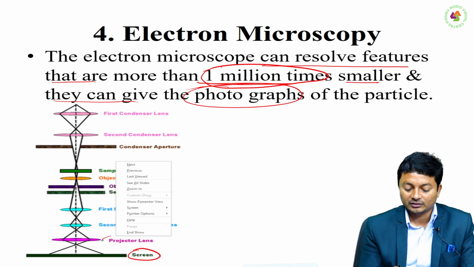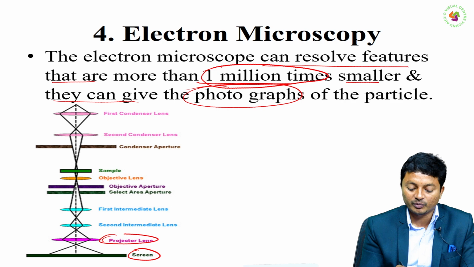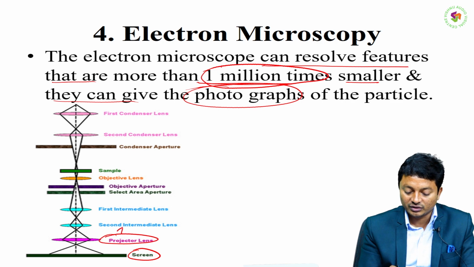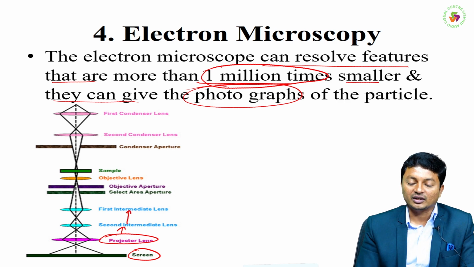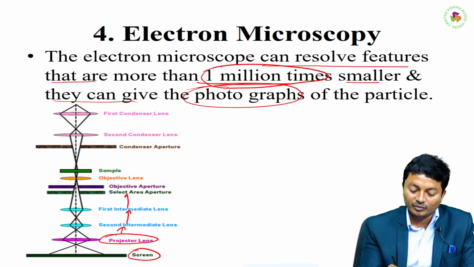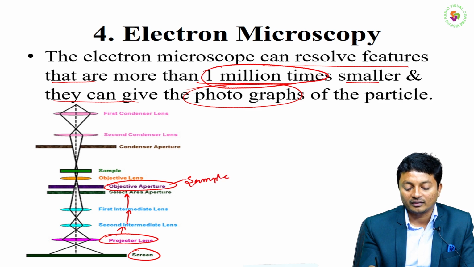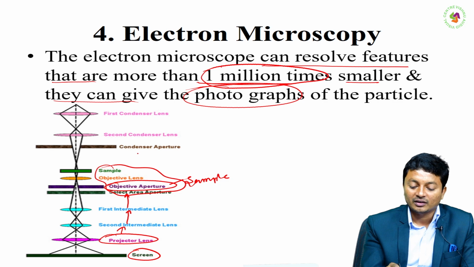From here the electrons will pass, and these will act as a light source. This will pass to the second intermediate lens, then the first intermediate lens, and then to the objective aperture. And here we need to place the sample, and from here it will be sent to the condenser aperture, and from this condenser aperture it goes to the secondary condenser aperture.